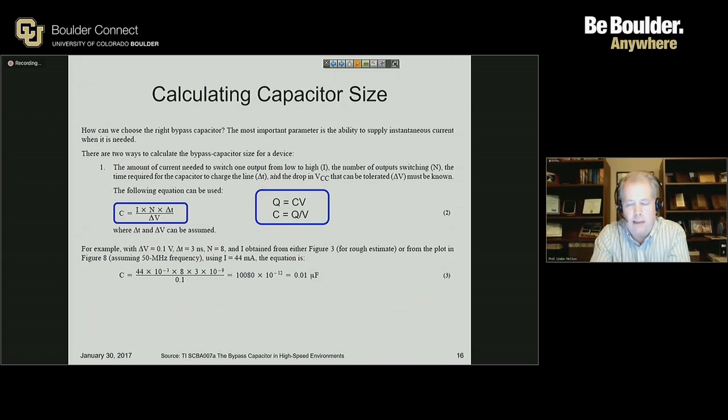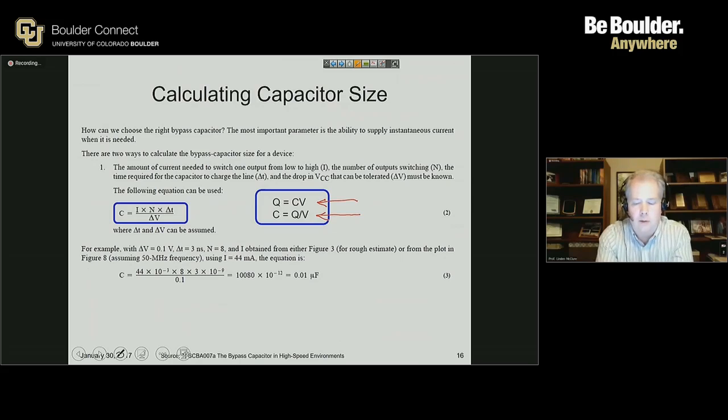The basic equation that we keep in mind as we go through this process is that Q equals CV, and if you rearrange that, C equals Q divided by V. So if we know how much total charge, and V being the delta V, how much voltage change we can accommodate on our VCC line, you can calculate the amount of capacitance that's needed to provide that electrically.